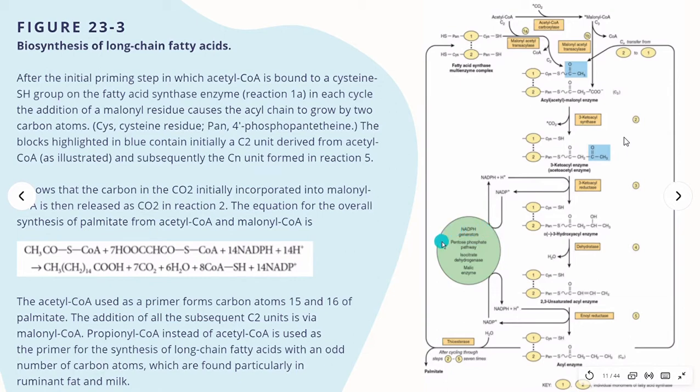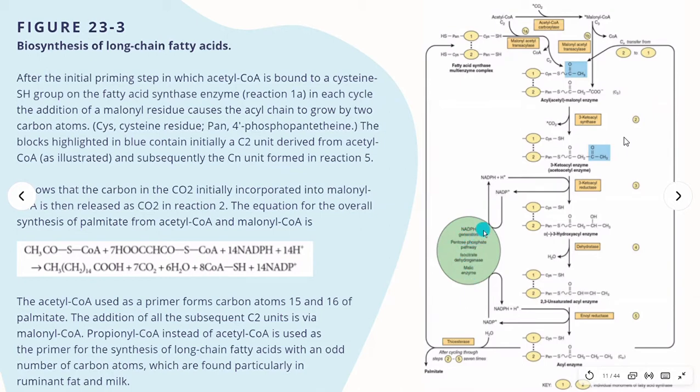The main generator of NADPH is your pentose phosphate pathway or hexose monophosphate shunt. Then you have your isocitrate dehydrogenase, and then you have your malic enzymes. These are the 3 that form NADPH.